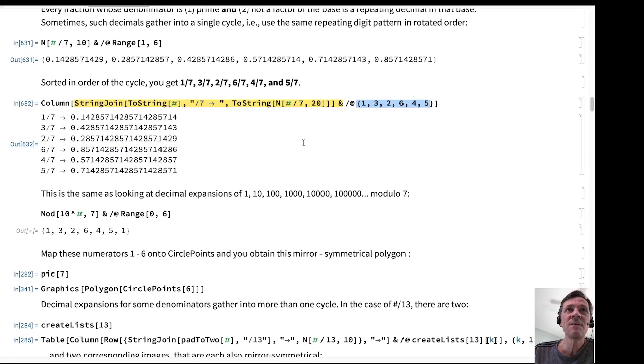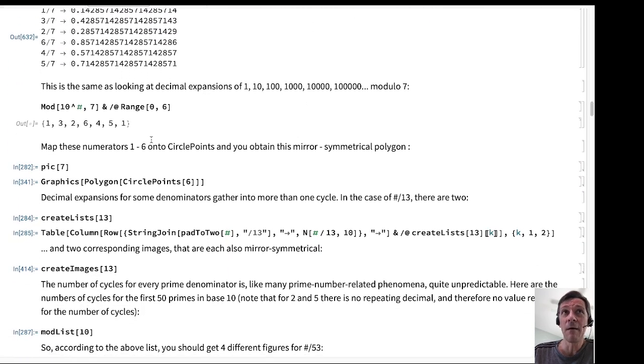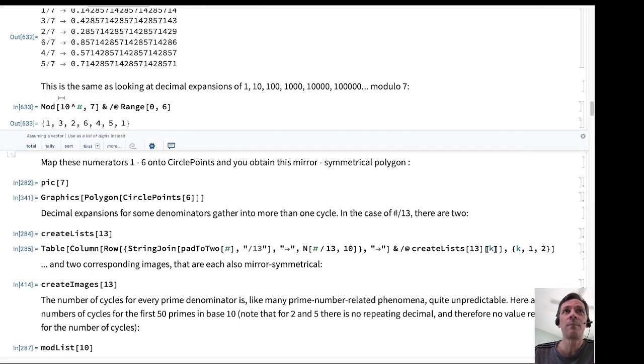Now a little bit of math. This is the same as looking at decimal expansions of 1, 10, 100, 1,000, 10,000, 100,000, and a million modulo 7. So what is this little formula doing?